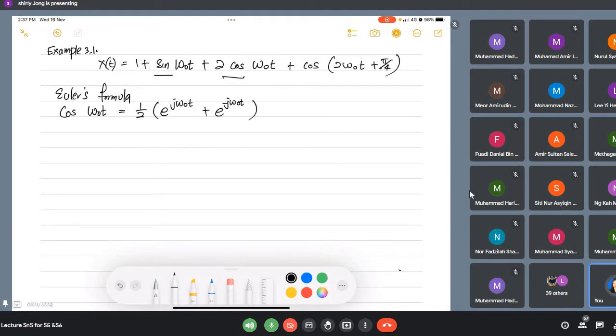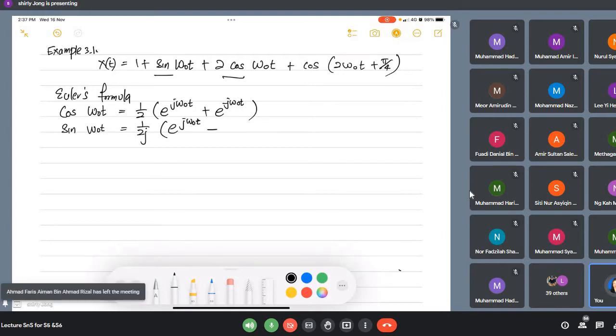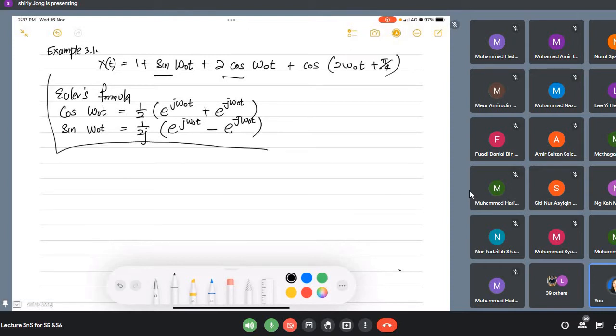You need to remember this, as well as sin ω₀t, which equals 1 over 2j times e^(jω₀t) minus e^(-jω₀t). This formula you need to remember.